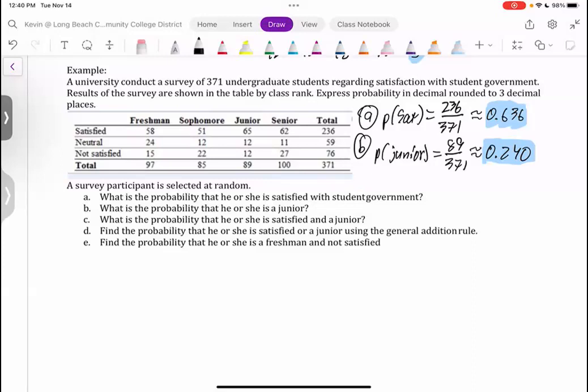Part C. What is the probability that he or she is satisfied and a junior? Satisfied and a junior. How many satisfied juniors are there? There are 65.